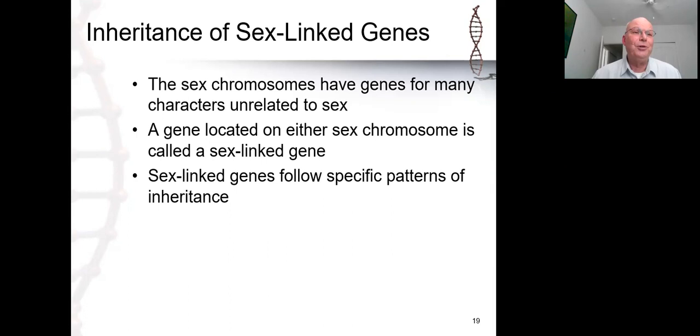There's a lot of interesting things we could talk about here, but I don't want to get us too tied up in this for now, because we have a lot more to discuss in this chapter. But we do know that there are other genes on the Y chromosome other than the SRY gene, but the SRY gene is the one that is central to the development of maleness.